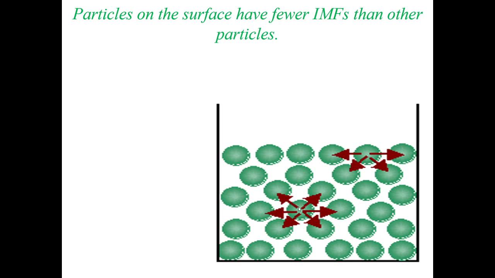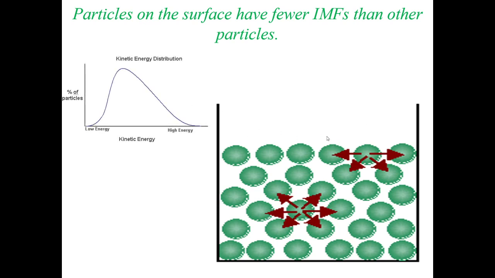Whereas one that's further down, even one really close here, has all of them completely surrounding it. It has 6 molecules right around it, plus it's trapped. So this top molecule is able to escape as long as it's got a high enough energy. You've got solar energy coming down on it, warming it up, giving it some energy, and it has fewer IMFs to overcome, so it's able to escape at that point.